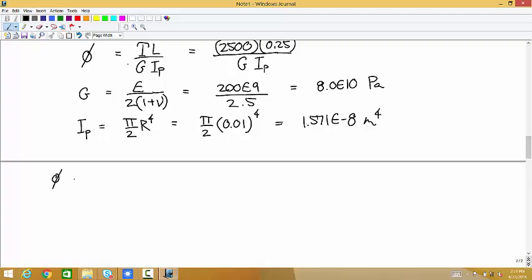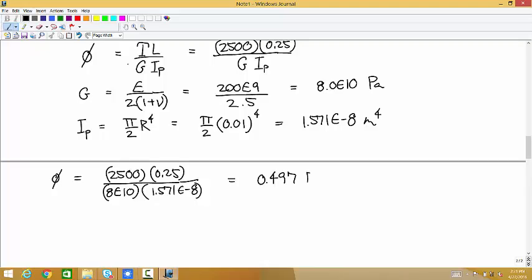So the angle of twist is equal to 2,500 times 0.25 divided by 8 times 10 to the 10th times 1.571 times 10 to the minus 8. And what do you get for that? 0.497 radians.